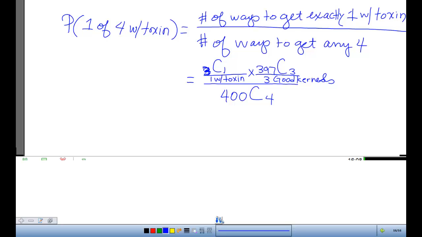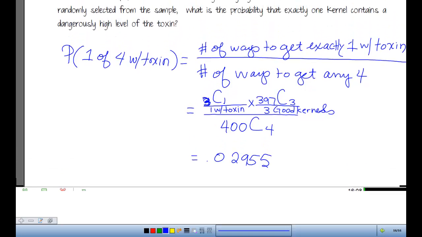I got 0.02955. Okay. Questions about that? All right. Do you think there's a different way that we could have gotten that probability?